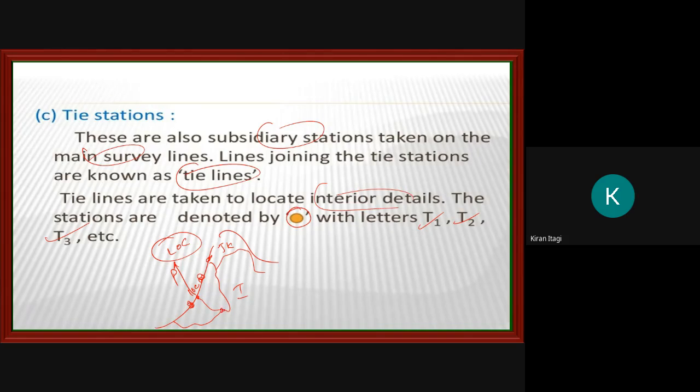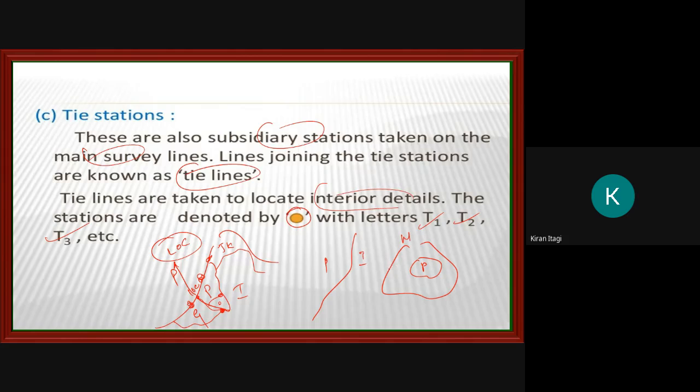Here we have subsidiary stations which divide the area into triangles, that is Punjab and Gujarat. Then if there are any states to represent, the tie stations are established to represent them, means Pakistan, India, Maharashtra, and Pune.